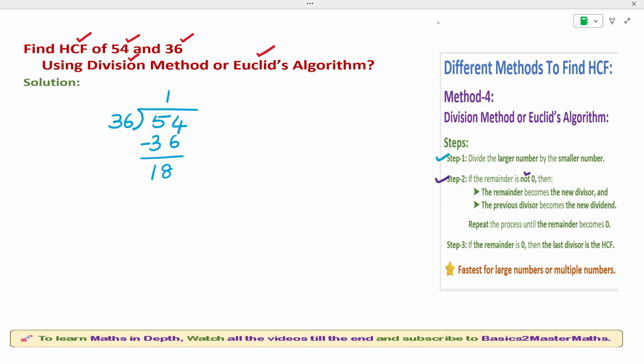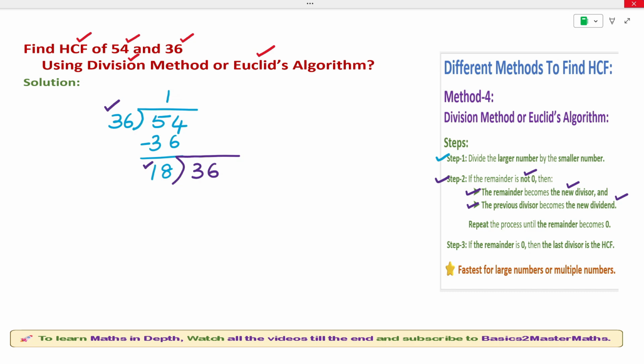If the remainder is not 0, then the remainder becomes the new divisor and the previous divisor becomes the new dividend. In this case, 18 becomes the new divisor and 36 becomes the new dividend.